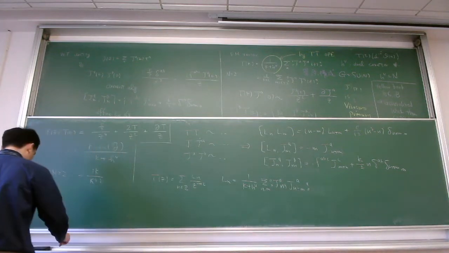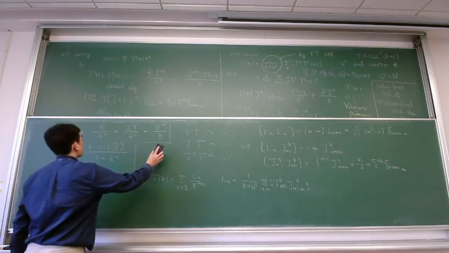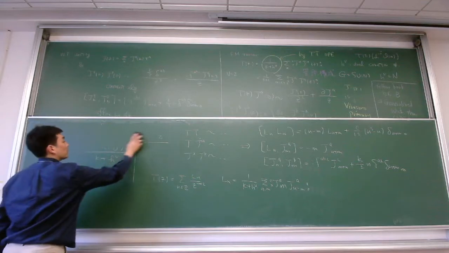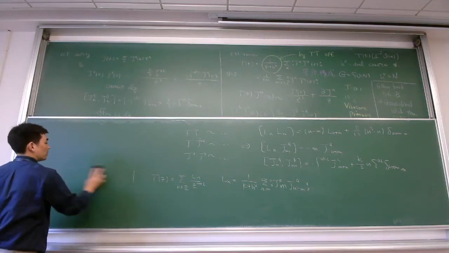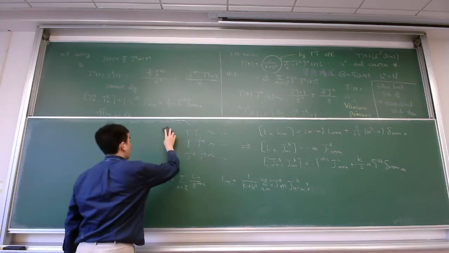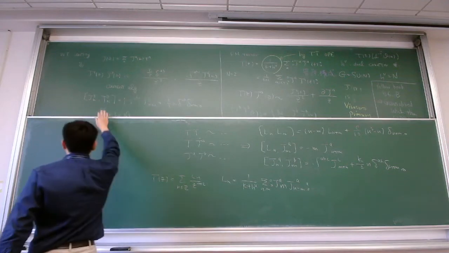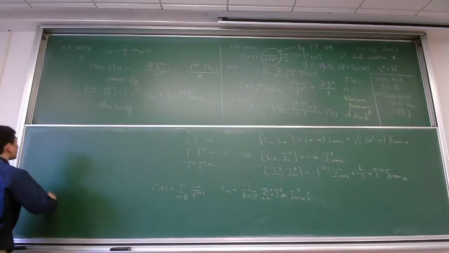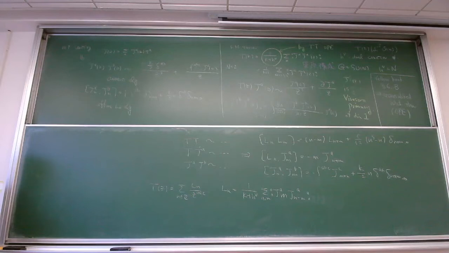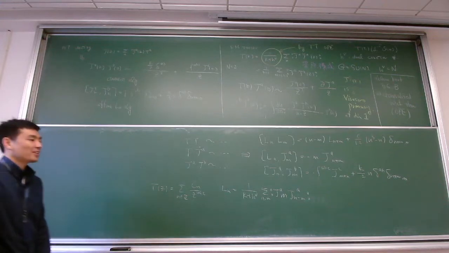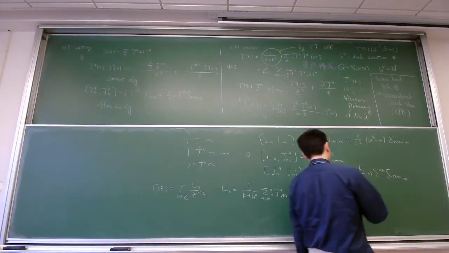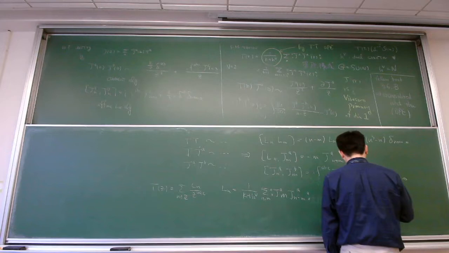Okay, so that's it. As I mentioned, the Wess-Zumino-Witten model, of course, is an important work by Knizhnik and Zamolodchikov.